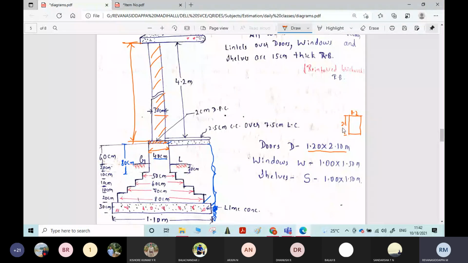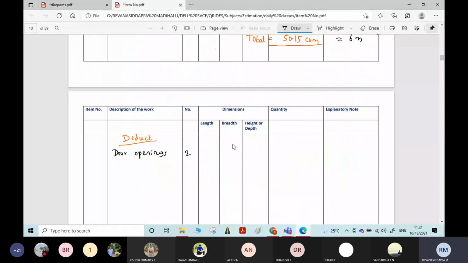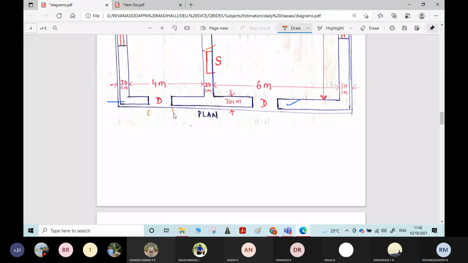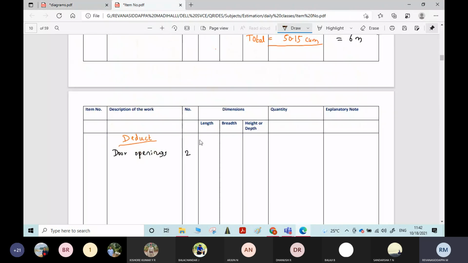So what is the length of the door then? This length is 1.2 meter, which means the width of the opening is 1.2 meter, so the length is 1.2 meter only.